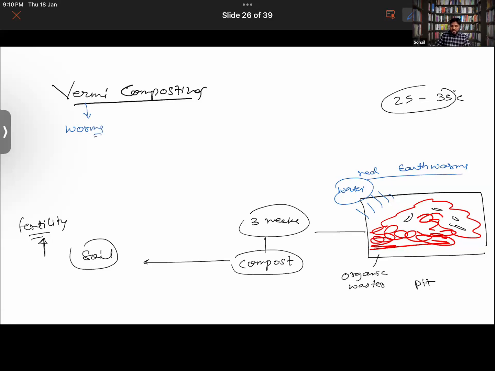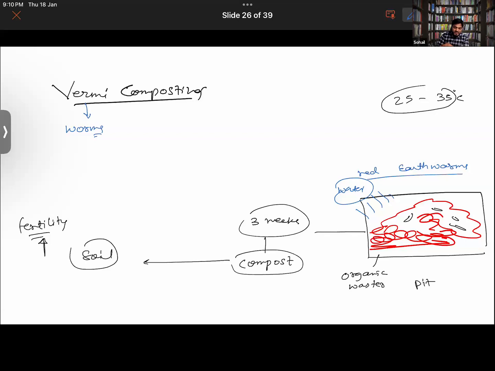So, see what happens in vermicomposting. Now, you will be taking organic waste like vegetable peels, rotting fruits, vegetables, all kinds of organic waste, dried leaves, everything that is organic in nature. So, see, basically, that organic waste can be converted to a very fertile substance that can be added to the soil to increase the fertility of the soil.